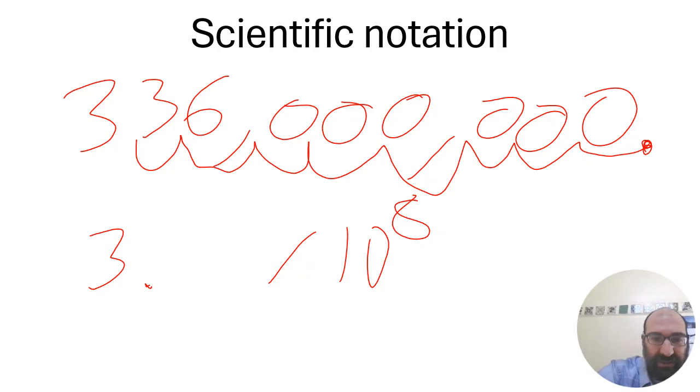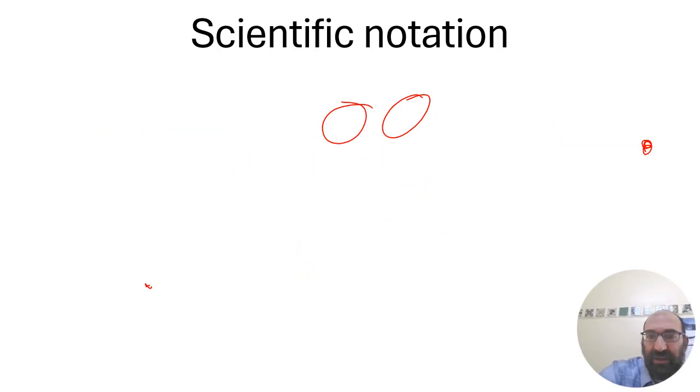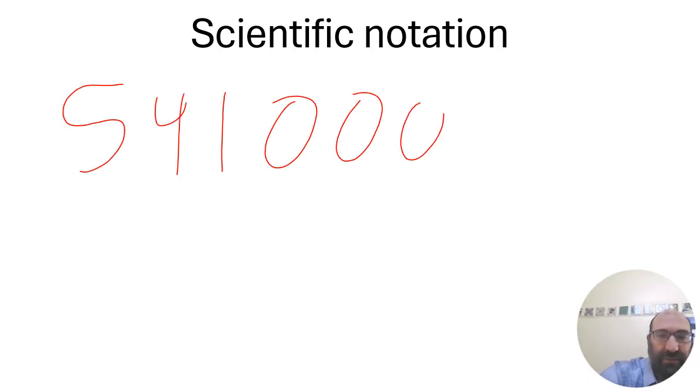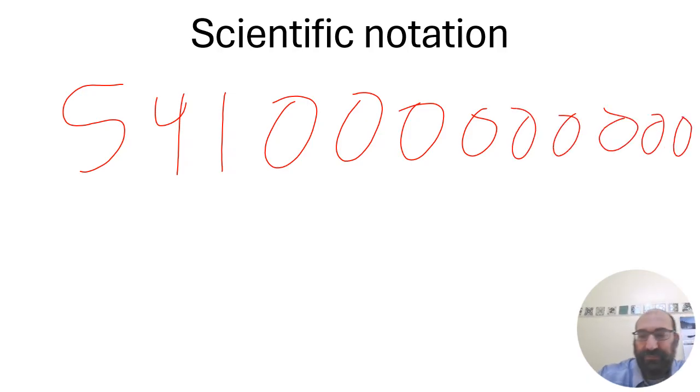Okay, so another large number. Let's clear the board here. I'm going to give you another large number and have you do it: 54,000,000,000. Maybe pause the video and see if you can solve this.